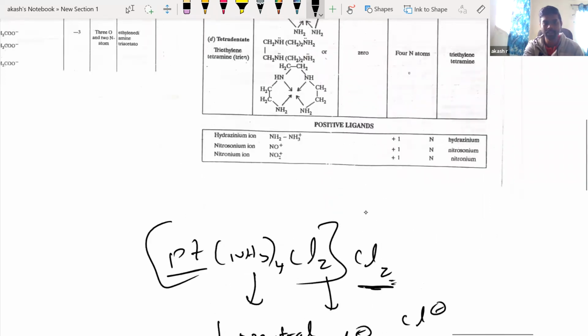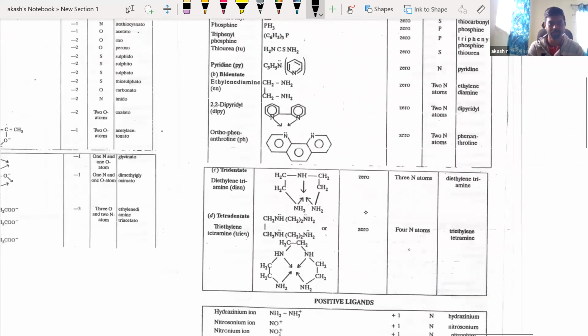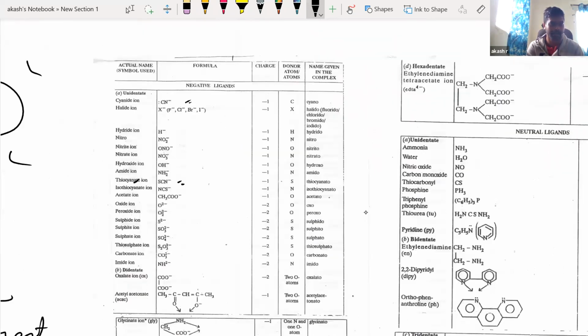So maybe let us look into the different types. You already know most of them, right? All right, so we have CN minus, you know that, halides, I minus, hydride, H minus, nitro, NO2 minus. Again, these two are ambidentate ligands. NO2 minus, that is nitrogen is going to act as the donor side, and nitrite ion, that is in this case ONO minus, oxygen is going to act as the donor.